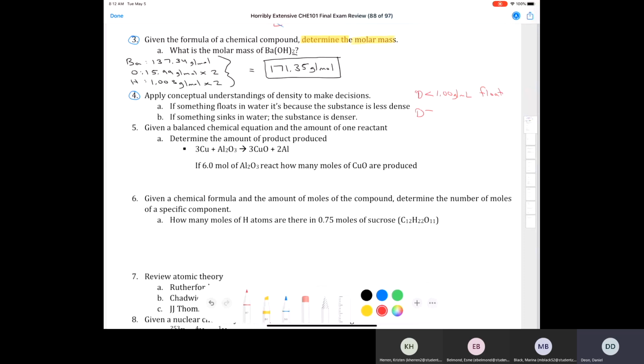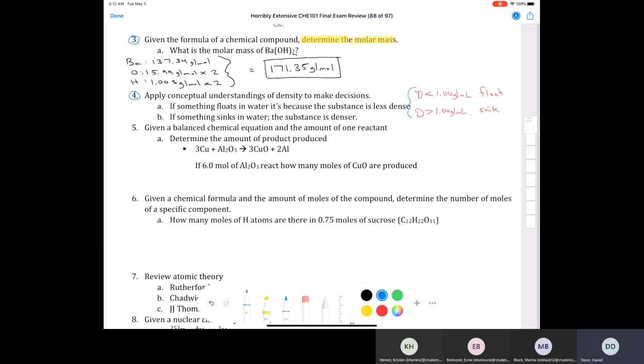And if you have a density that's greater than water, then it's going to sink. That's not meant to be a complicated concept. It's more the idea of, do you understand what density means, okay?